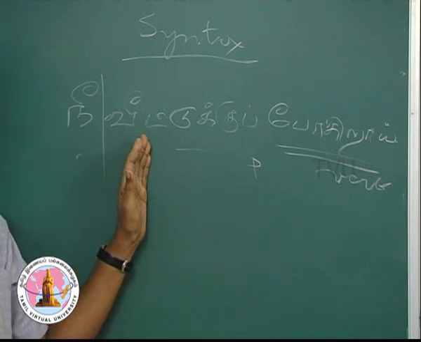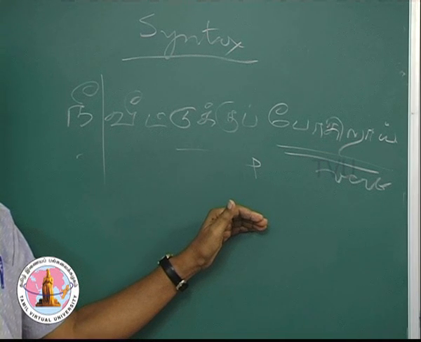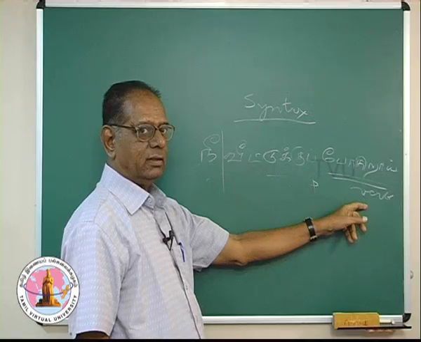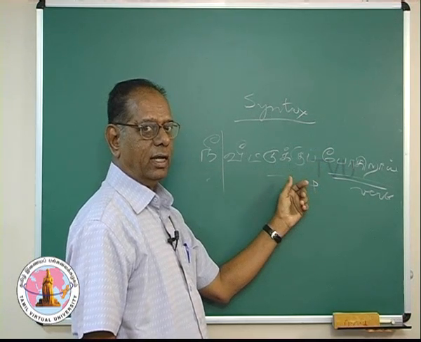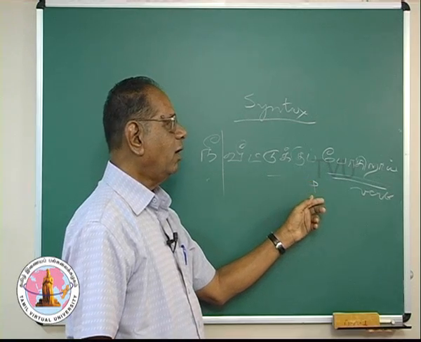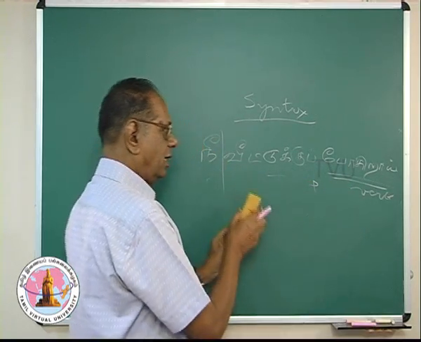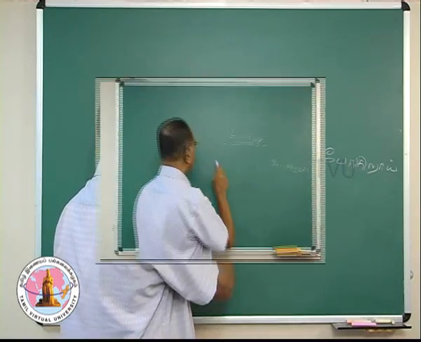A sentence can end with a verb, as you see here, with a question, as you saw earlier, and also with a noun. Is it clear? We shall have a few more examples.